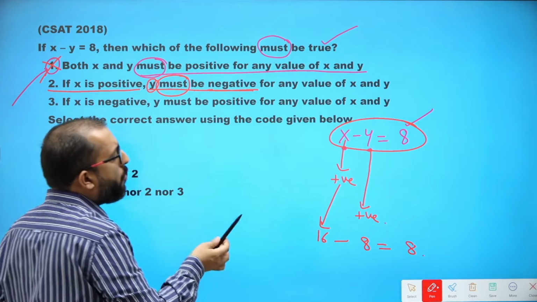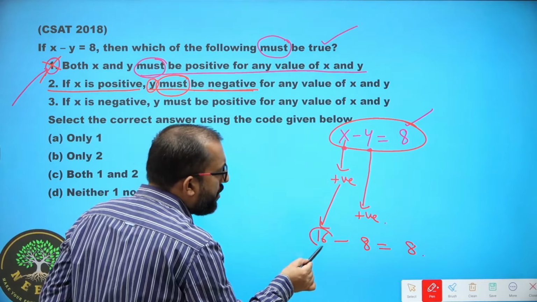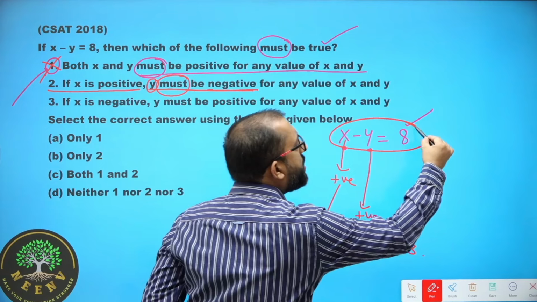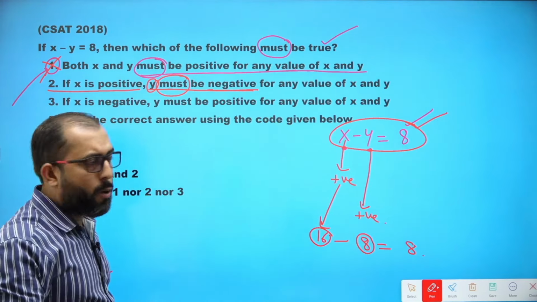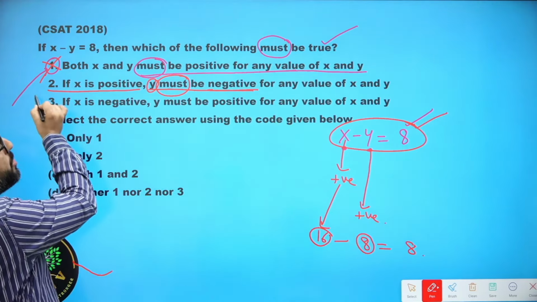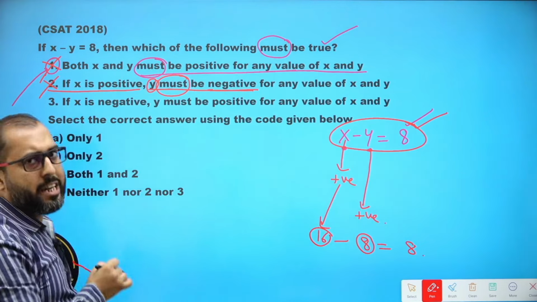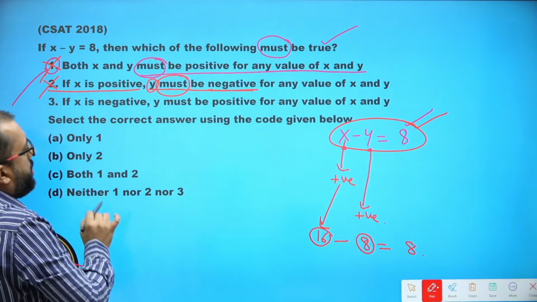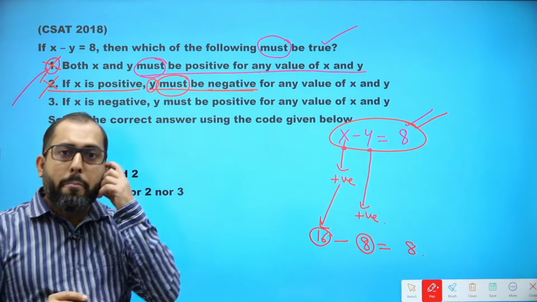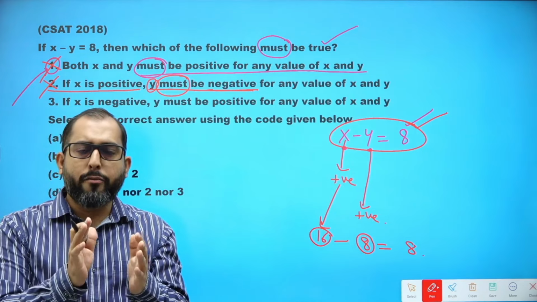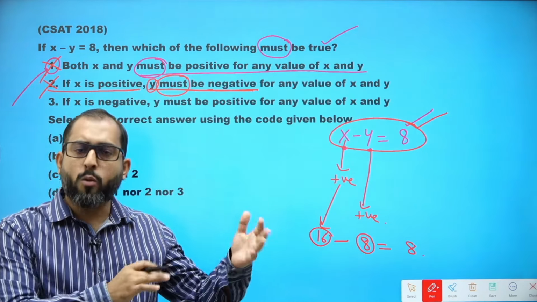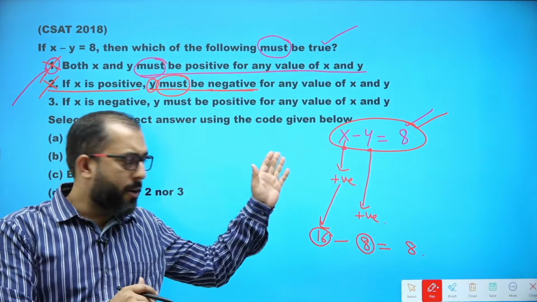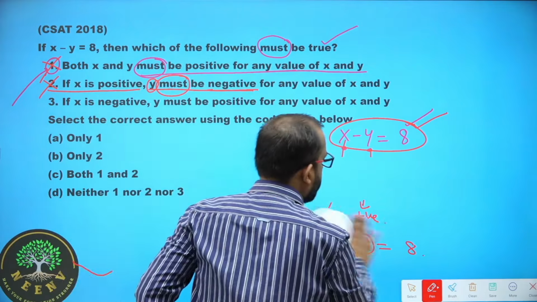So for positive value of x as well as positive value of y, my given condition is justifying, which makes my statement number 2 a wrong statement again. Over here must is written, so I am looking for only one such assumption which will negate my given statement. Okay, let's move on to the next case.